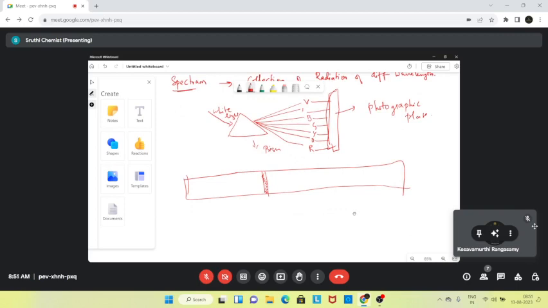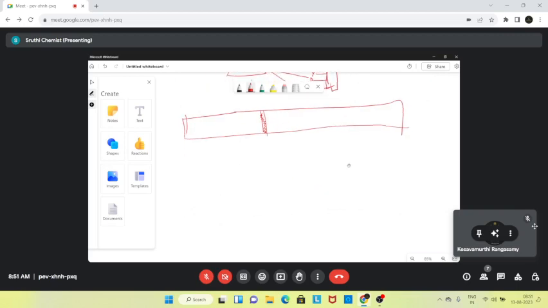There are many types of spectrum. We'll see all those in detail. First, classification of spectrum. First point, absorption spectrum.